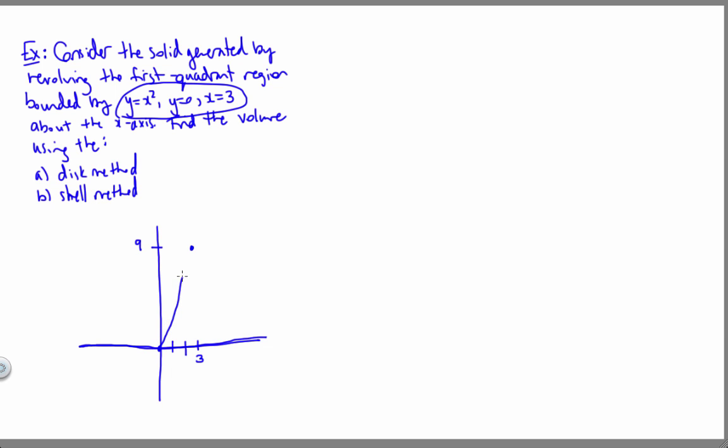So we've got this curve here, I'll label it, y equals x squared, and we've got the vertical line x equals 3 as well as the x-axis. Okay, so there's our first quadrant region there. And we're going to be revolving this about the x-axis. So we're going to be revolving this way.